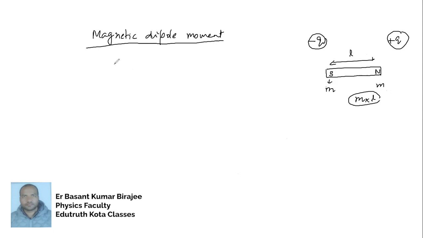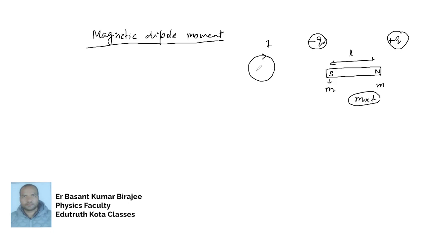And we know a current carrying loop also produces a magnetic field, just like a magnet. The direction of the magnetic field is calculated using the right hand. Say the current is I, and you have a loop here.